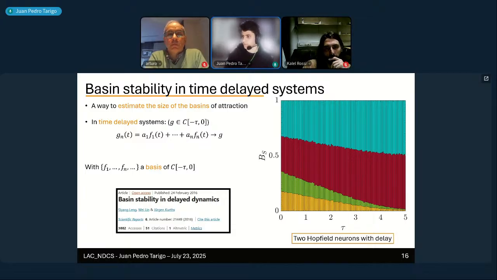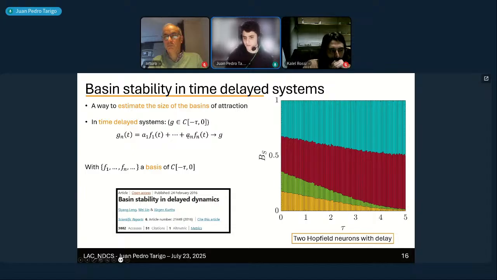So you reduce the dimensionality of the phase space to whatever n you have. And then in that space, for example, you could use a Fourier basis, a sine and a cosine.